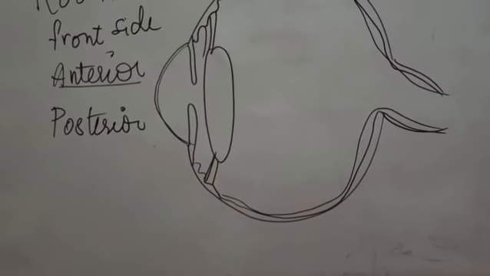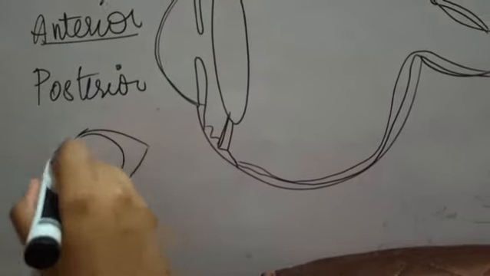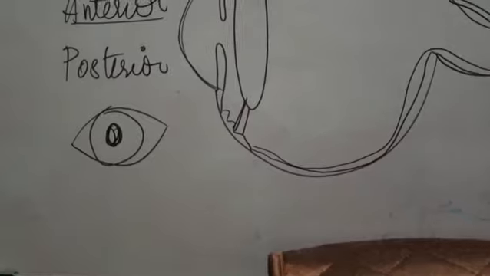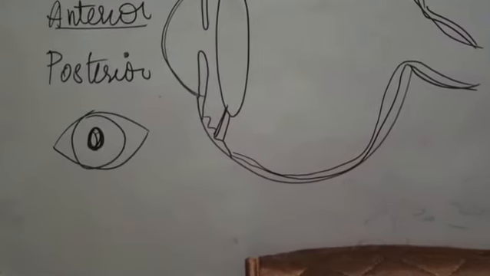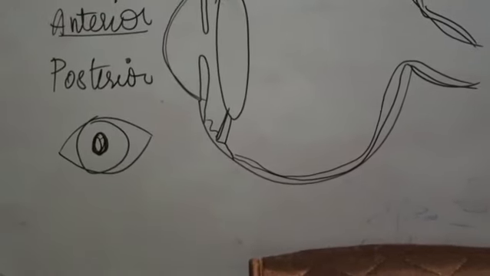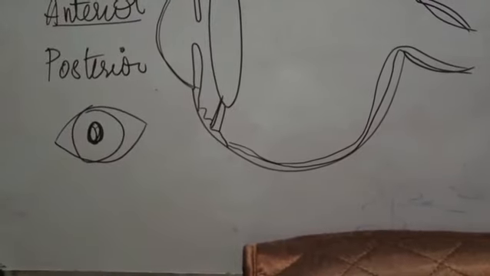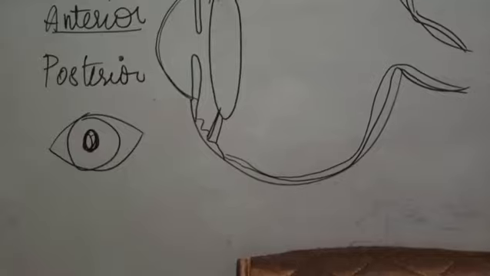So over here, this is our eye. The portion that we are able to see with the help of any torch or slit lamp, or without the help of the slit lamp, the structures that can be observed easily are the anterior portion, right?